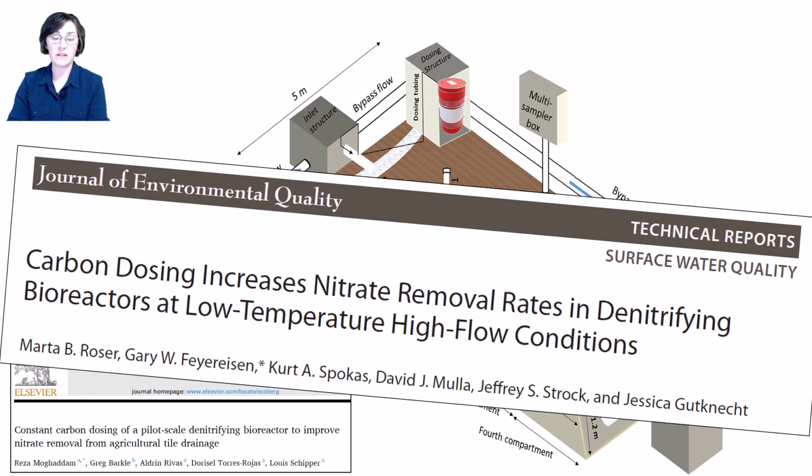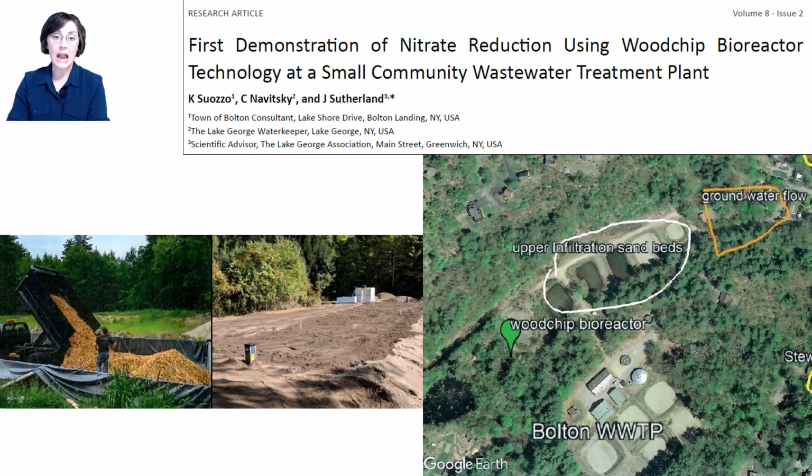I do see applications for this with bioreactors in cold climates, and I'm especially excited about this idea of liquid carbon dosing for amping up nitrate removal at bioreactors, providing tertiary treatment at small wastewater treatment plants. These small wastewater treatment plants often cannot afford multi-million-dollar denitrification reactors. These wastewater treatment plants are regulated as point sources, so they need to meet legally enforceable discharge permit criteria for nitrogen.